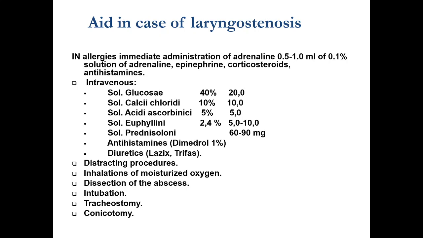Intravenous: glucose solution, calcium chloride solution, ascorbic acid solution, Euphyllin solution, prednisolone solution, antihistamine Dimedrol, diuretics Lasix, Trifas. Distraction procedures, inhalation of moistened oxygen, dissection of the abscess, intubation, tracheotomy, conicotomy.